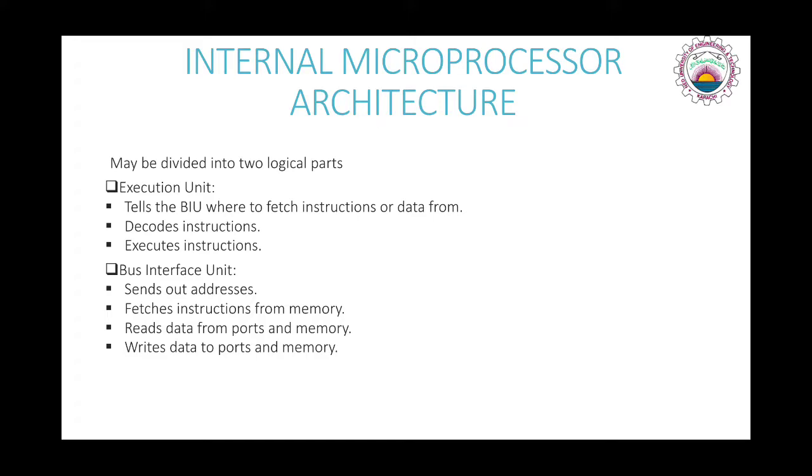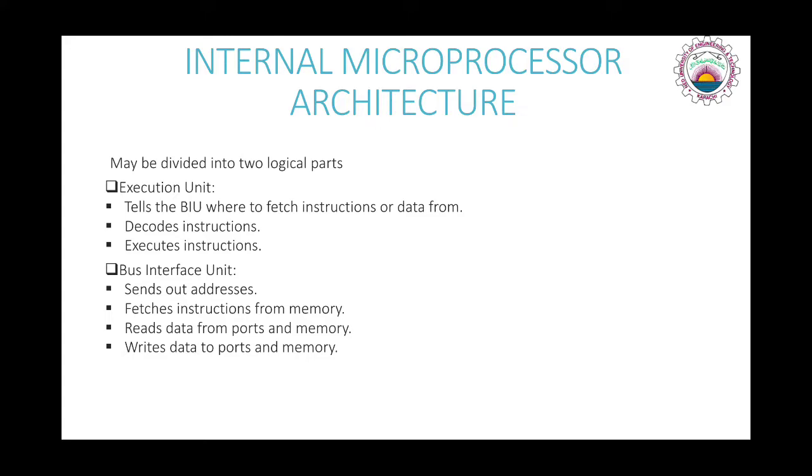Then second logical part is bus interface unit. Bus interface unit sends addresses on address bus. That address may belong to memory. So from memory, bus interface unit will be bringing instructions through data bus.